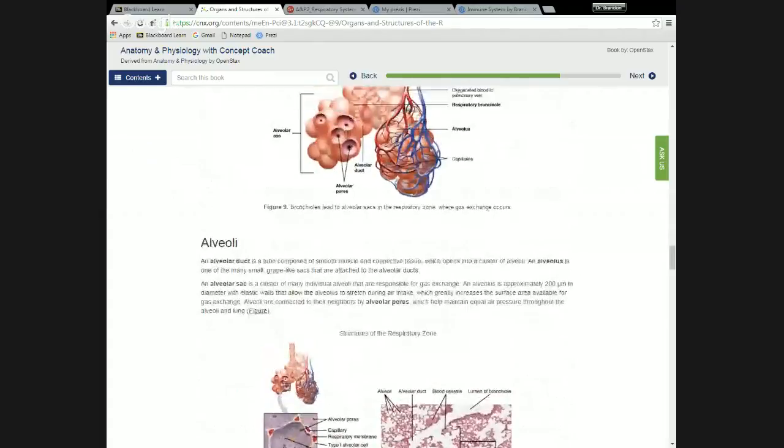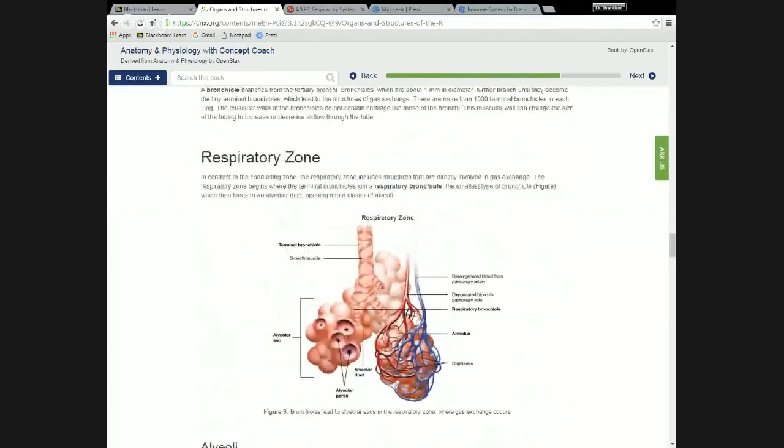And then the book breaks the system down into conducting zone and respiratory zone, which is fine. In lab, we just concentrate on the conducting zone, the structures that we can see. The respiratory zone is when we get to the end of the respiratory tract. There are air sacs, the alveoli, that are coming off of respiratory bronchioles and alveolar ducts.